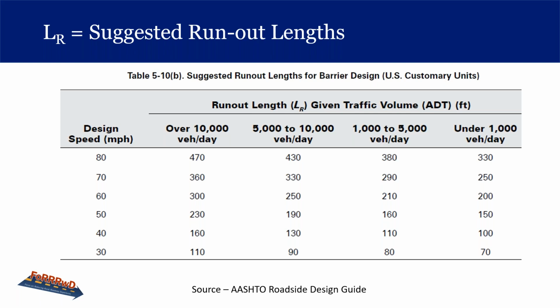Some states use lesser distances based on different accident studies. These values are lower than previous versions of the Roadside Design Guide and are based on a study called the Cooper study. The study that documents the basis for the lower run out lengths went back to 1984, in a study called Guardrail Run Out Lengths Revisited.